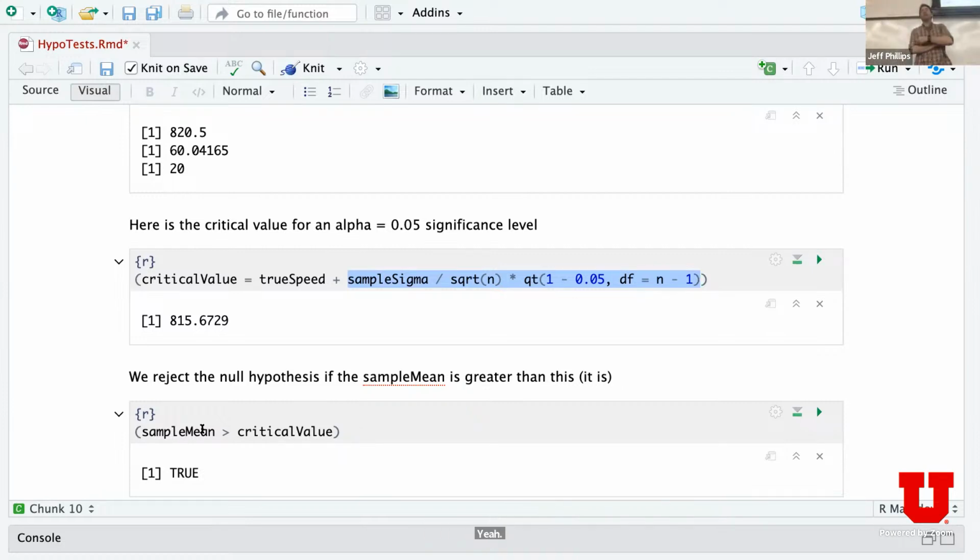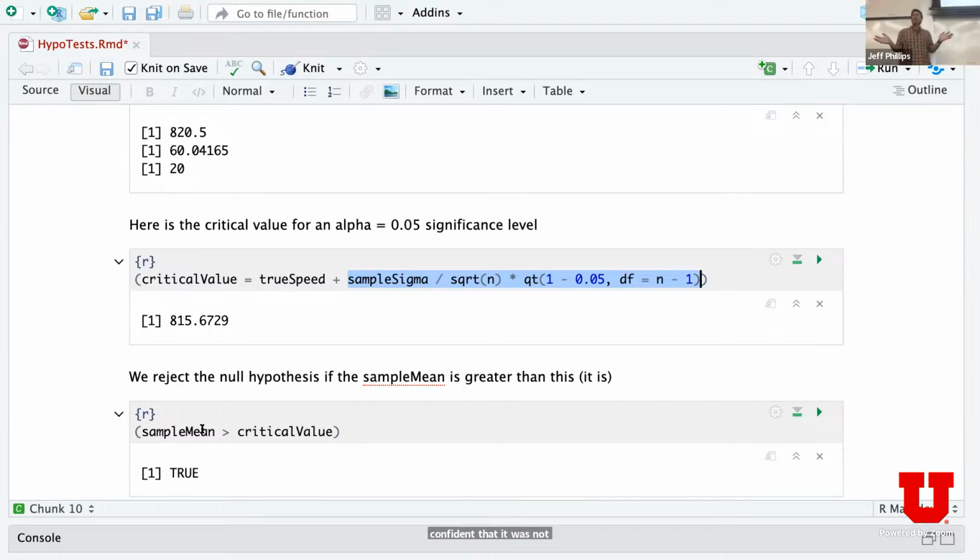Great. So the right answer is to reject the null hypothesis. It's outside the confidence interval. It means that this early estimation of the speed of light was probably not unbiased. We're 95% confident that it was not an unbiased view of the speed of light.